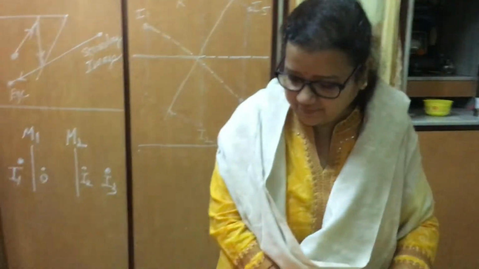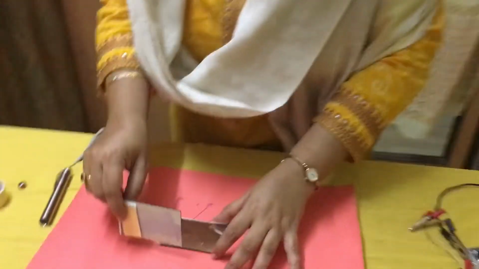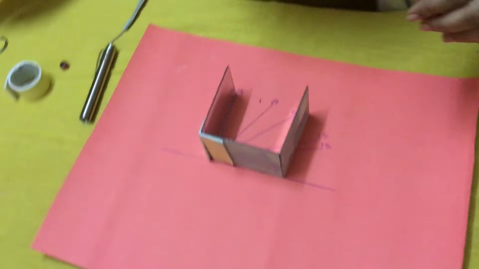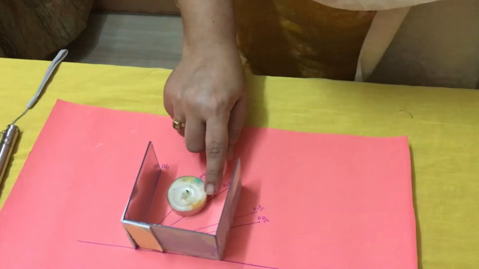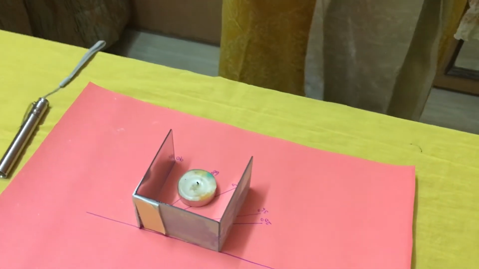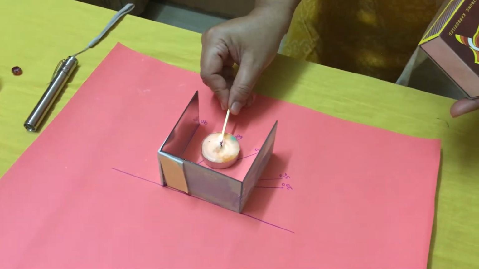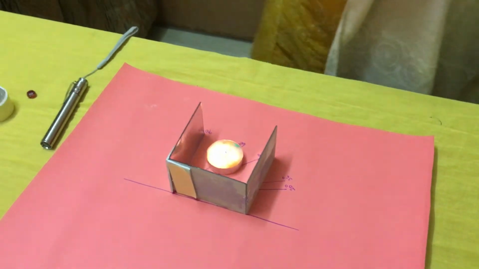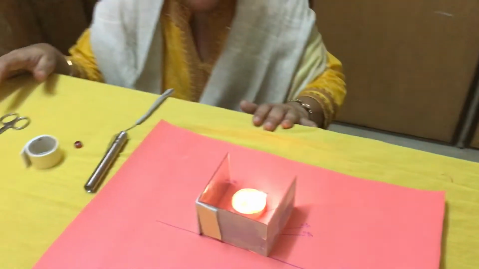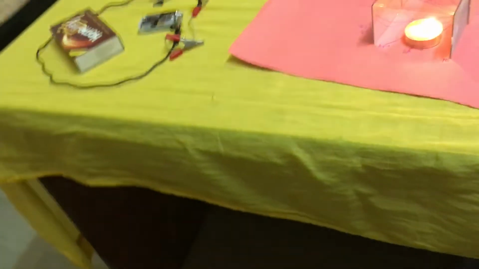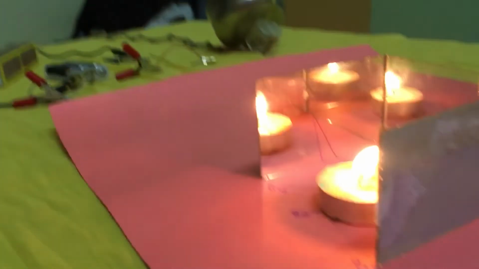And now there is one more phenomenon, when we make the mirrors parallel. If the angle between these two plane mirrors is 0, that means both plane mirrors are exactly parallel to each other, facing each other, and you put a source of light or any such object in between, we are going to get multiple reflections.